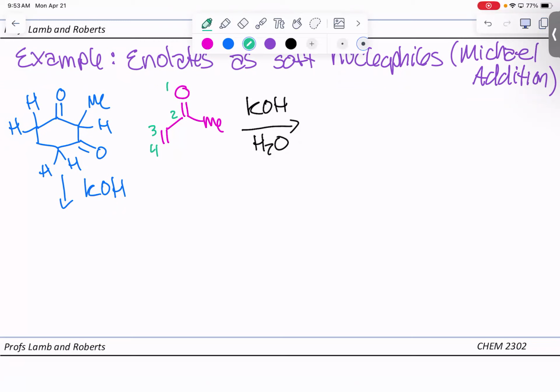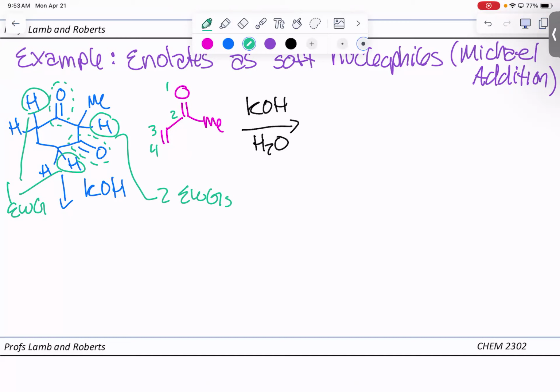So when we're considering, I had this question in office hours, how do we know which proton? Let's identify the fact that this is one electron withdrawing group, and here's a second electron withdrawing group. Now, this proton here has 2 electron withdrawing groups near it. All right, these protons have 1 electron withdrawing group near them, right?